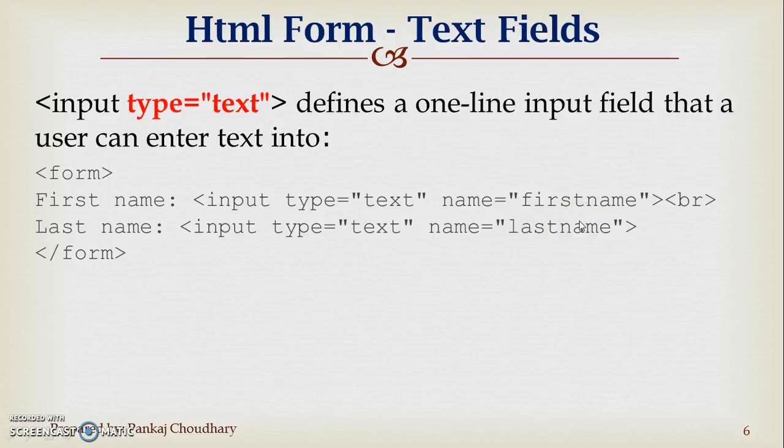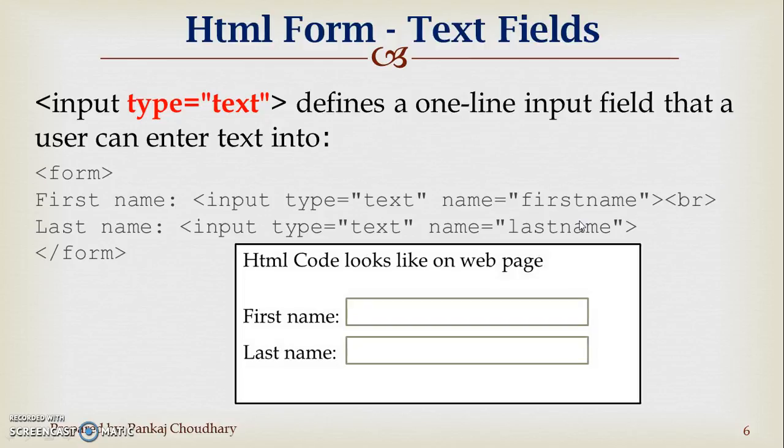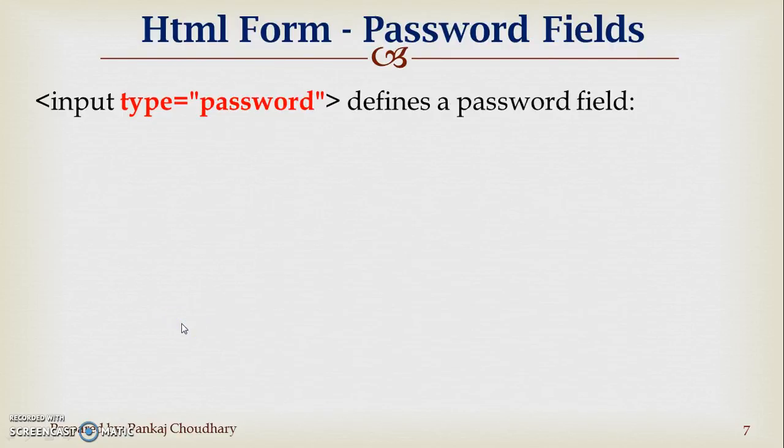This field name is used to retrieve the data from the input fields at the server. This code will look like this in the browser or on the web page: first name with an input box, last name with an input box.